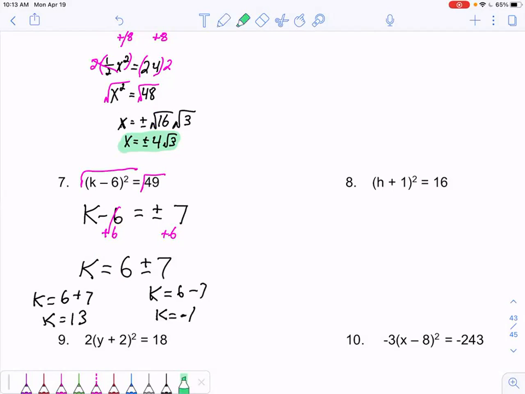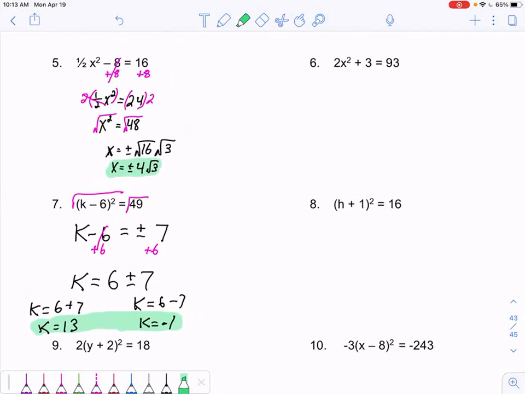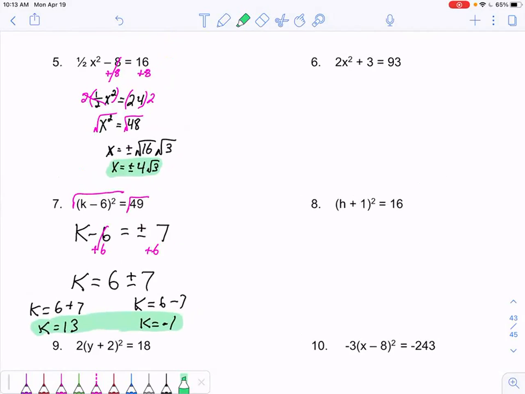And there you go. You got your 2 answers. So I'll leave these all up there. So 8, 9, 10 are very similar to number 7. For 9 and 10, you just have to divide by that number first.